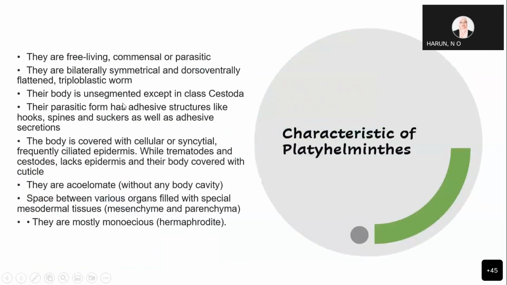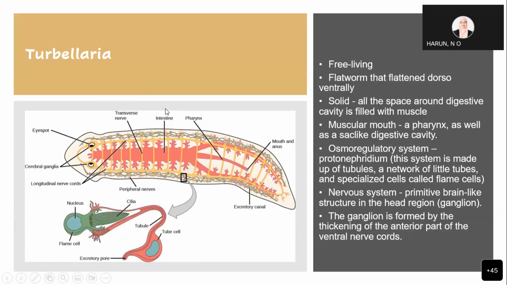Okay, characteristics: free living, commensal or parasites, depending on which class. Their body is unsegmented except class Cestoda. Mostly monoecious, that is hermaphrodite. Acoelomate without any body cavity, and the space between various organs is filled with special mesodermal tissue, that is mesenchyma and also parenchyma. Okay, and now the Turbellaria, this is the summary from today's class.